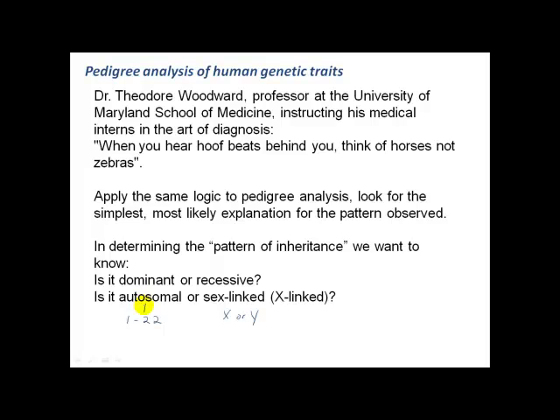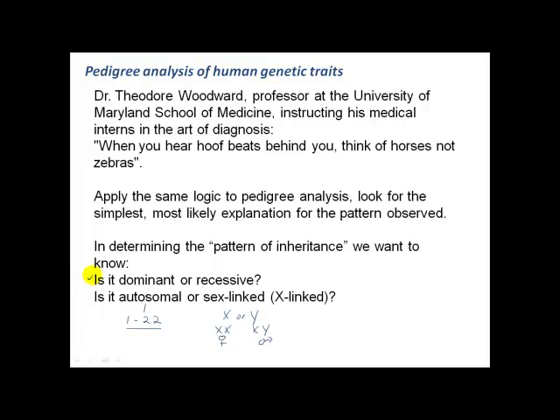As we're going to see, inheritance of traits on the autosomes is exactly the same for males and females. Both males and females have 2 of each of these types of chromosomes. However, it gets different with the sex chromosomes, because females have 2 X chromosomes, whereas males have an X and a Y, and so therefore only one X and one Y. So we'll see a difference in inheritance patterns associated with genes located on the X or the Y chromosomes, whereas those differences between males and females don't exist for the autosomes.